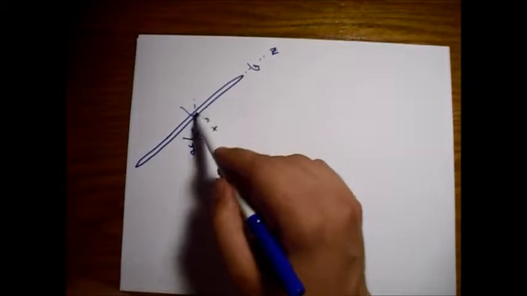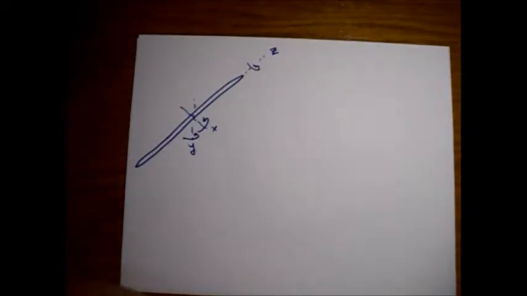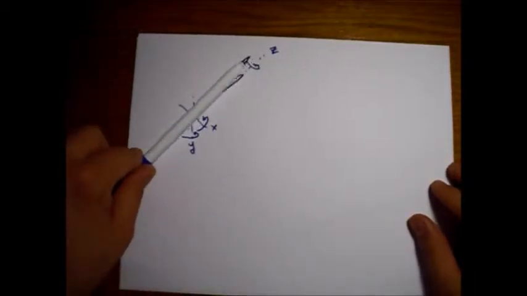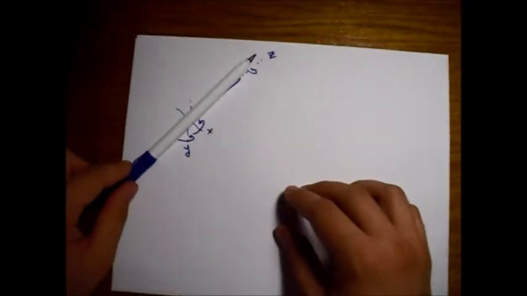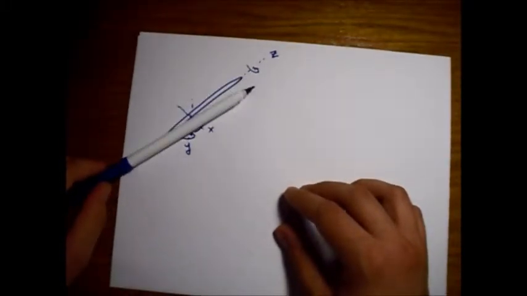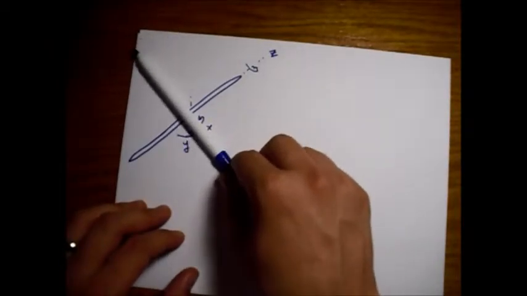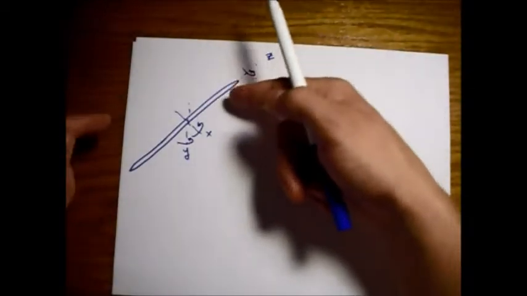So basically, is its angular momentum vector closer to the z direction, meaning parallel to the length of the rod, or is it mostly perpendicular to the length of the rod? Is the thing rotating this way, or is it spinning that way?